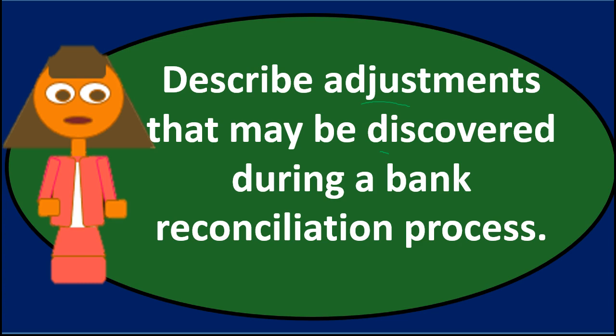So those are going to be the major kind of adjustments we're going to make. The main principle here, of course, is that anything that's on the bank statement that's not on our books is typically going to lead to us fixing our books, the bank typically being correct. The only time the bank is usually wrong, under normal conditions, they could have made an error, but usually when the bank is wrong, it's not really wrong, it's just a timing difference.